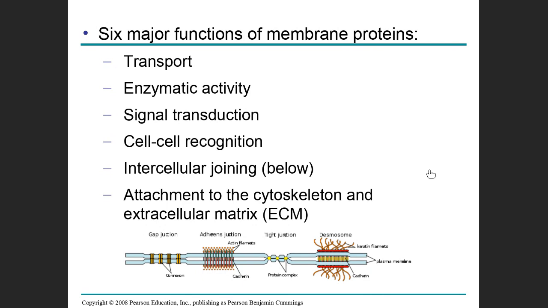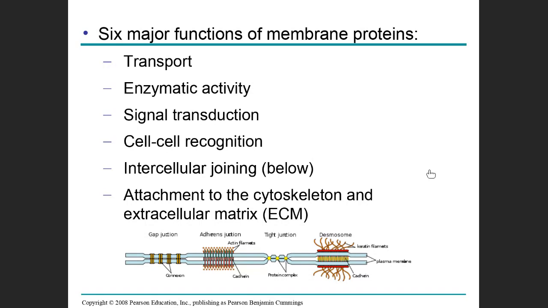Your liver cells know they're in contact with other liver cells. So they do talk to each other, and there are connections between the cells which allow them to communicate, often by sending chemical signals from one cell to the next. Fifth, intercellular joining. The cells need to stick together to form tissues and organs.